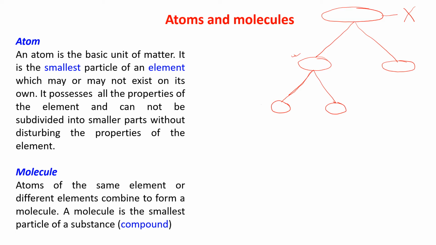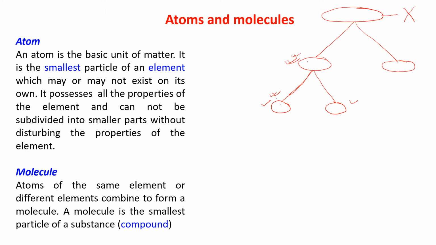And this element is also having the properties of X, because X is divided into two parts and I am getting this one. Now I am dividing it into two parts, I am getting this one.